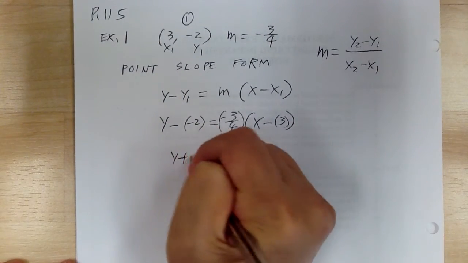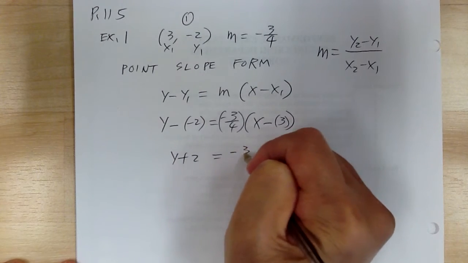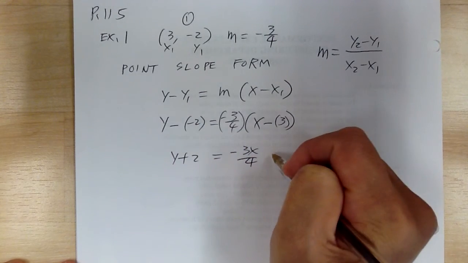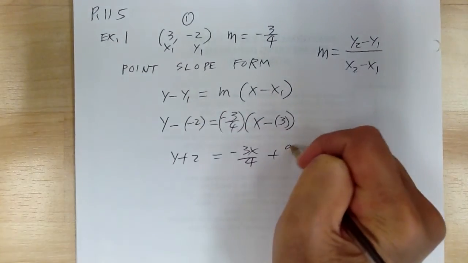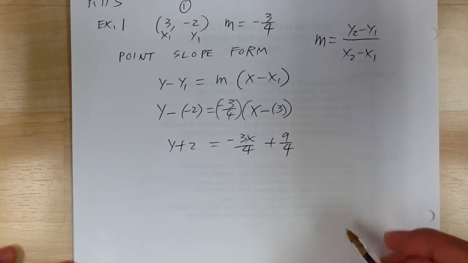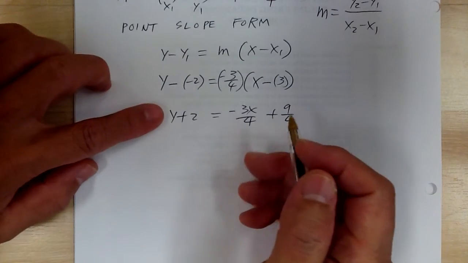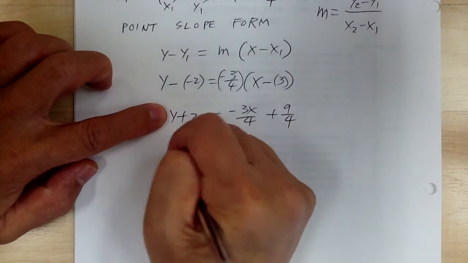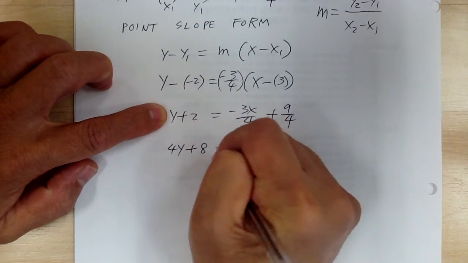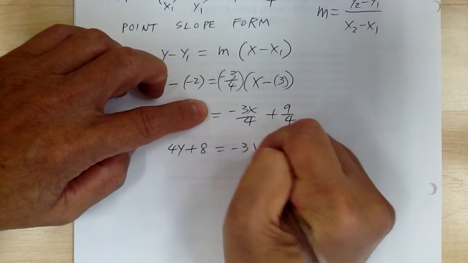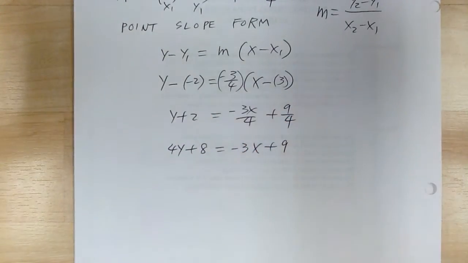So you get y plus 2 equal to -3x/4 plus 9/4. When you have a fraction, you multiply everything by 4. So you get 4y plus 8 equal to -3x plus 9. The 4 cancels out; that's what you want to do to get rid of the fraction.